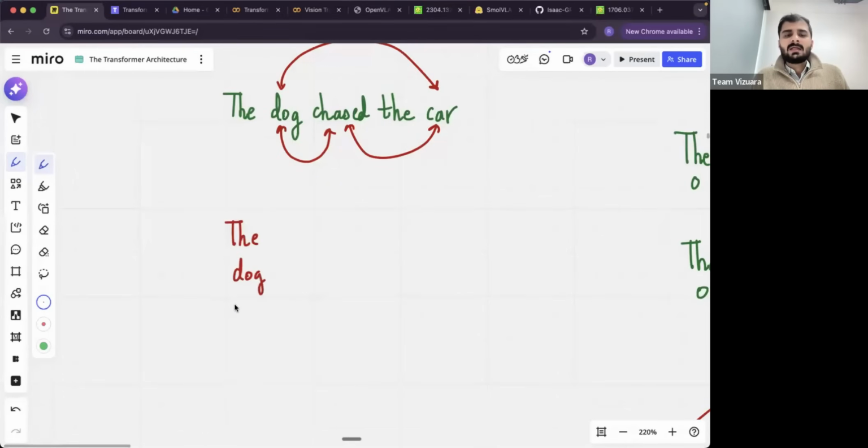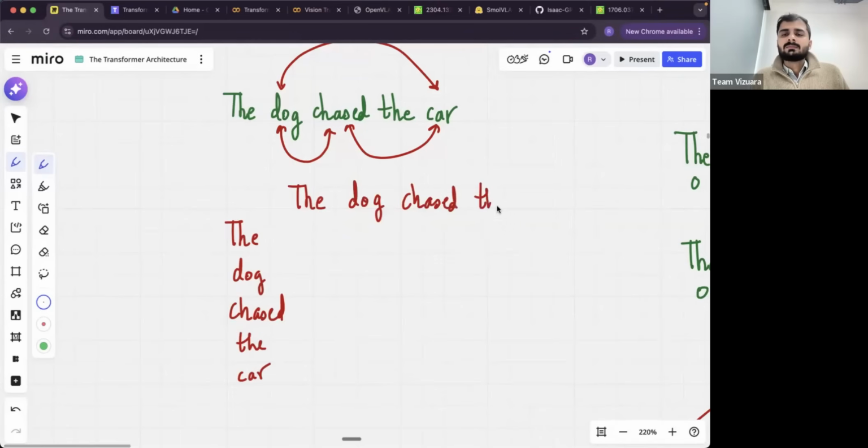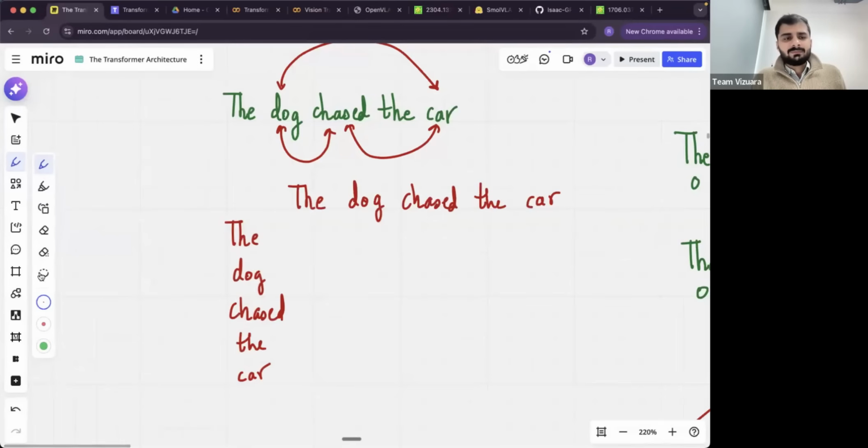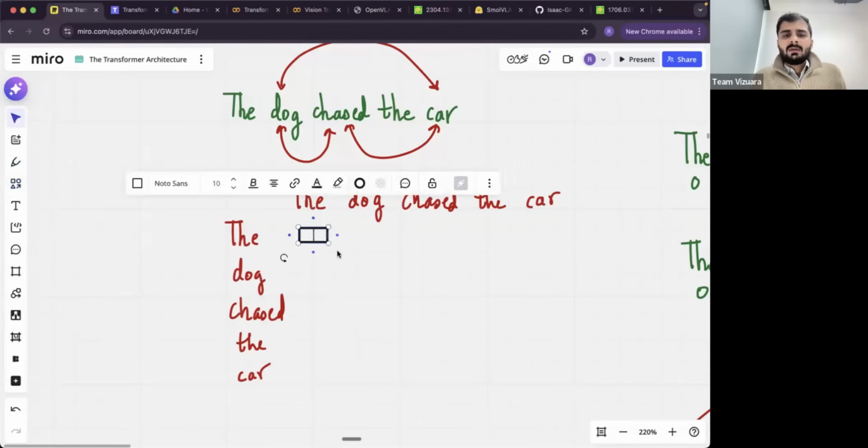Let's say we write the sentence, "the dog chased the car," and we write the same thing on the x-axis also, "the dog chased the car." Now let's try to draw some attention. Probably fill this.